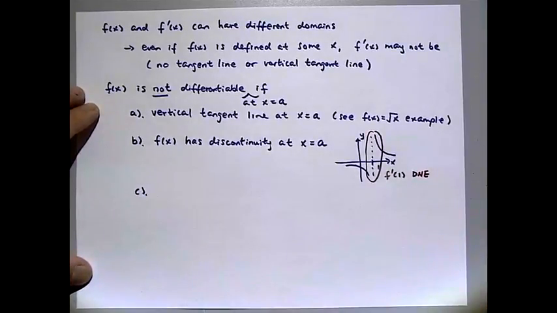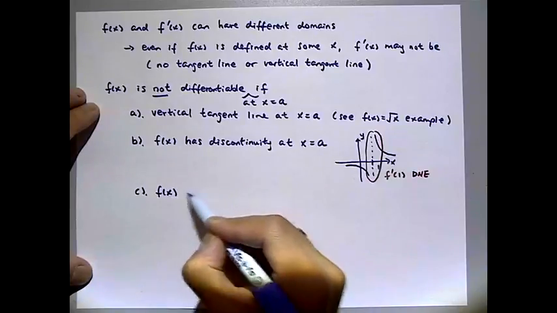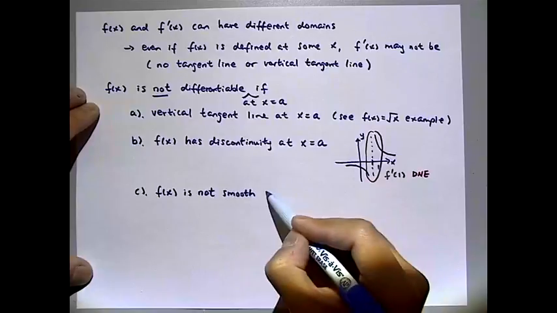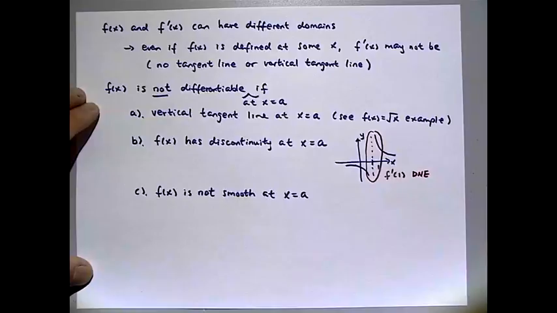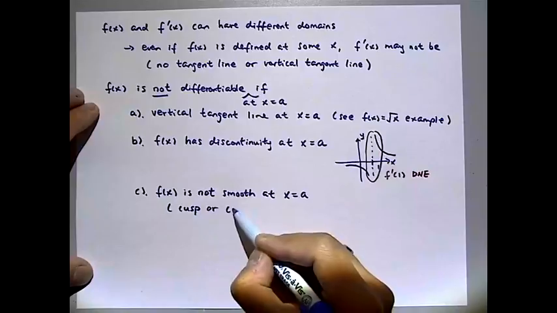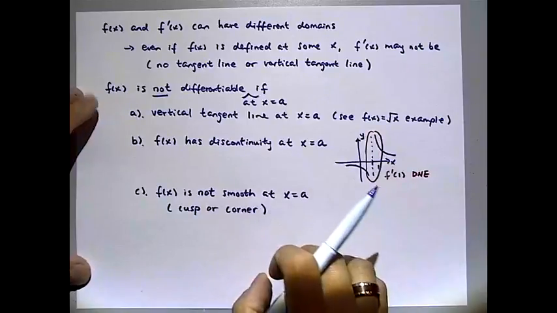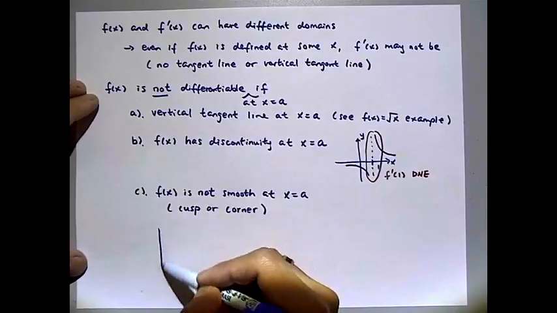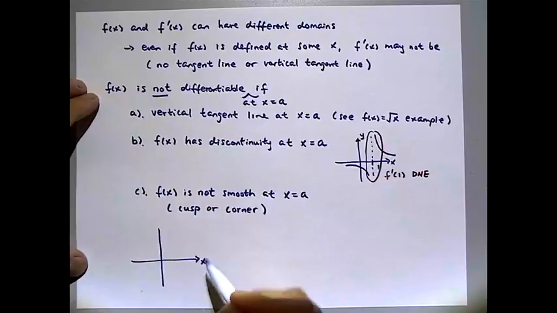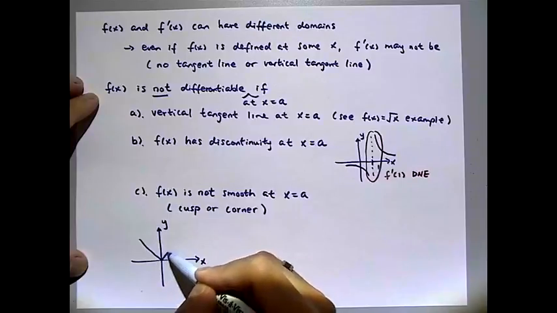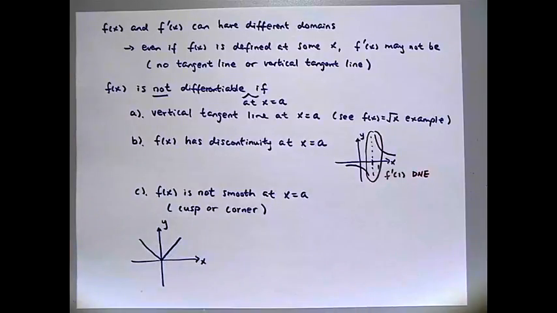The third condition is when f of x is not smooth at x is equal to a. So this is when you see, for example, a cusp or a corner. Right here, this is the absolute value of x graph.